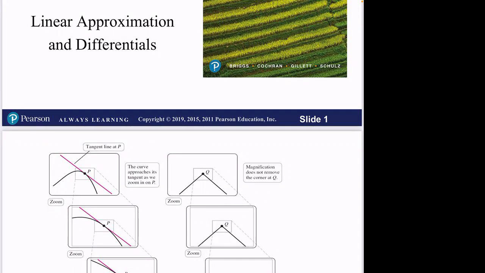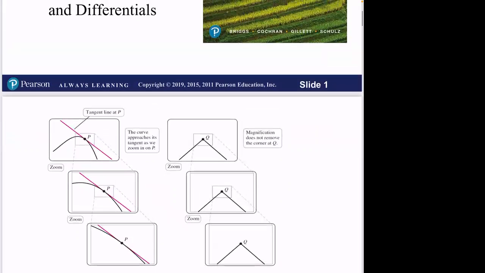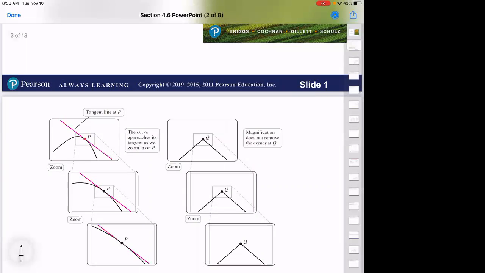Let's just focus on the left hand side graph. We pick a point P here and draw a tangent line at the point P. Are you following me? Pick a point P, draw a tangent line at P.